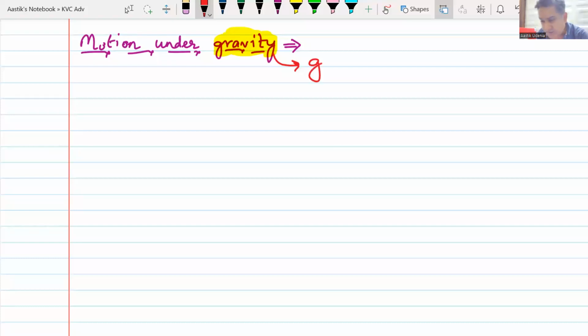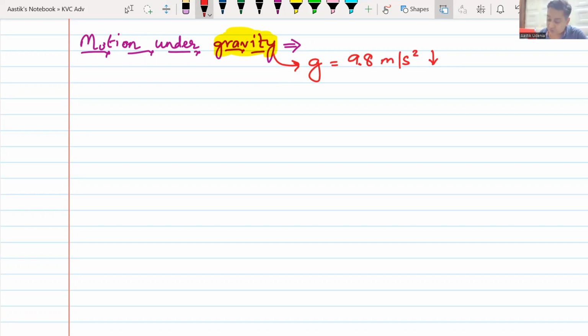The value of g at different places is different. We will understand that in a chapter called gravitation, but right now we will consider it to be constant, and the value will be taken as 9.8, which is not the value at all the places on Earth, and we will take it in the downward direction. Though it is not exactly downward, it is towards the center of Earth.